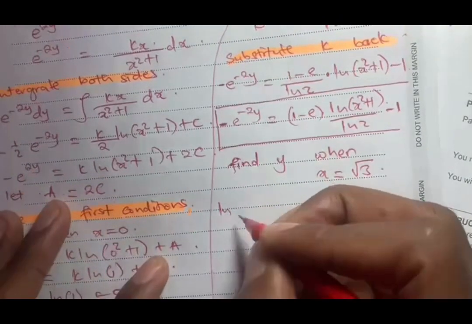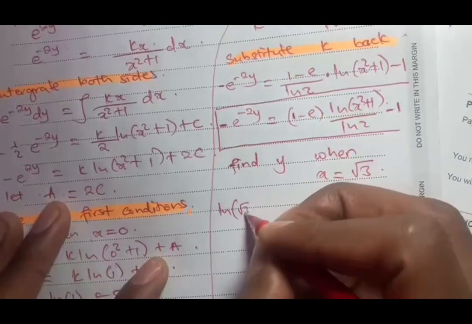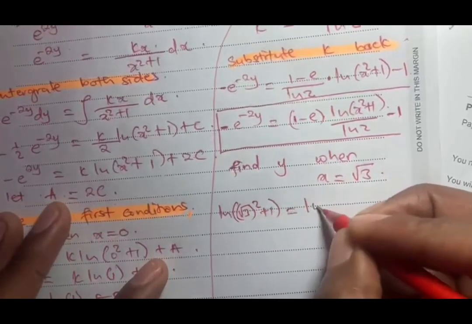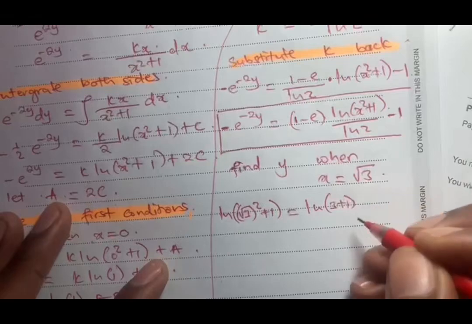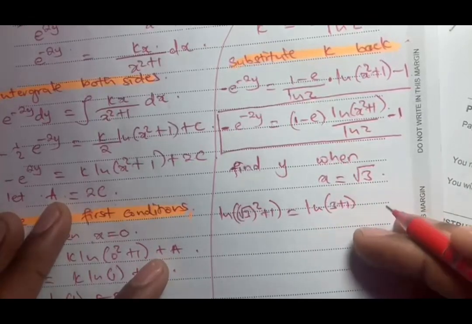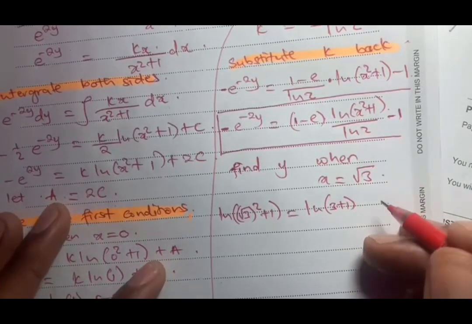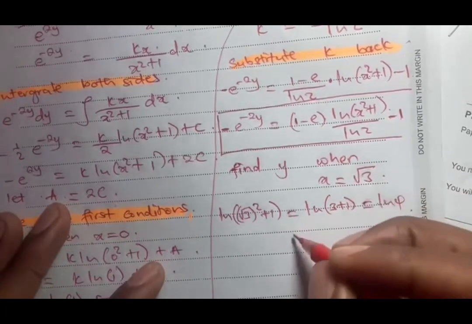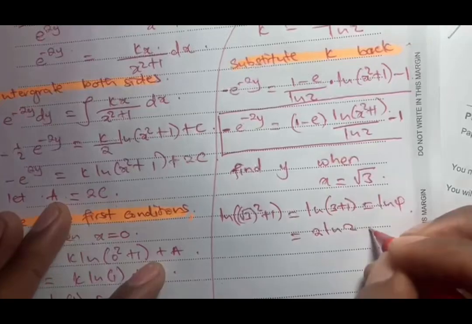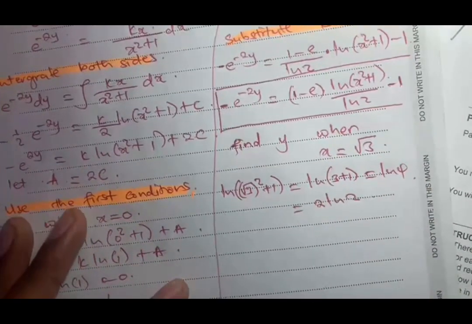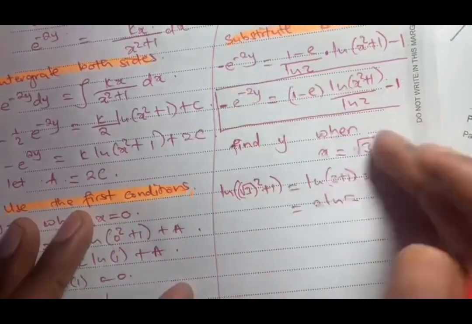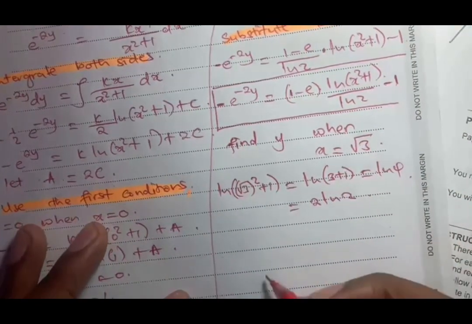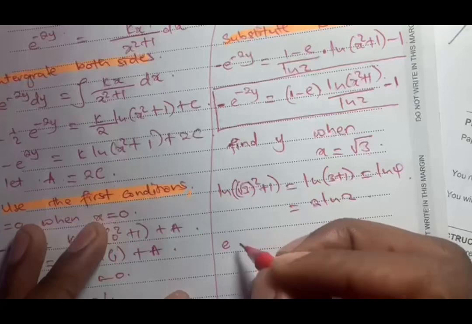So I'll get ln(3² + 1), which is equivalent to ln 10... which is actually 2 ln 3. Okay, that's fine.